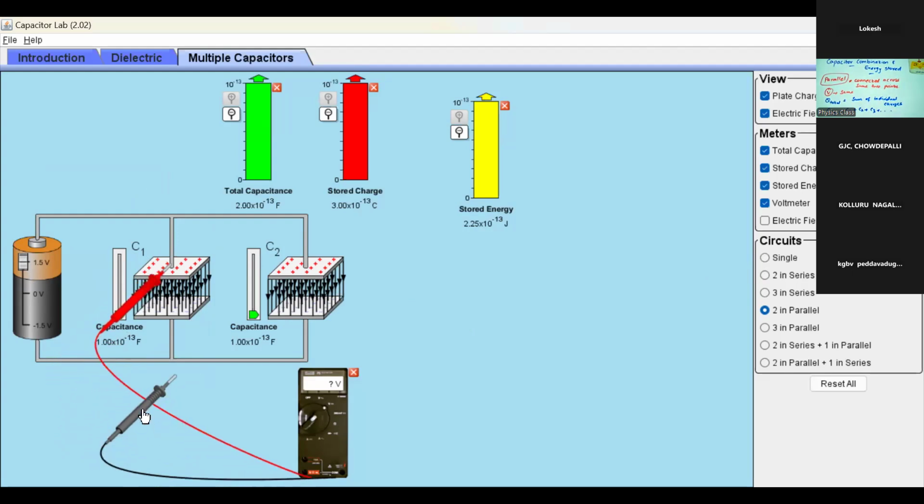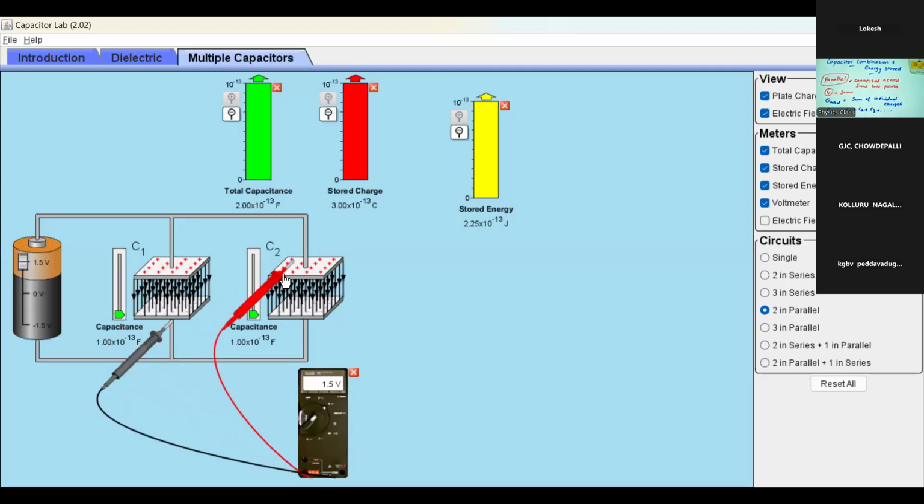For parallel connection, it should be the same for each capacitor. So 1.5 is there, and here also you will see 1.5. Voltage is the same across each capacitor. In series connection, voltage will vary, that is, voltage splits up. But in a parallel connection, voltage does not change. It remains the same.